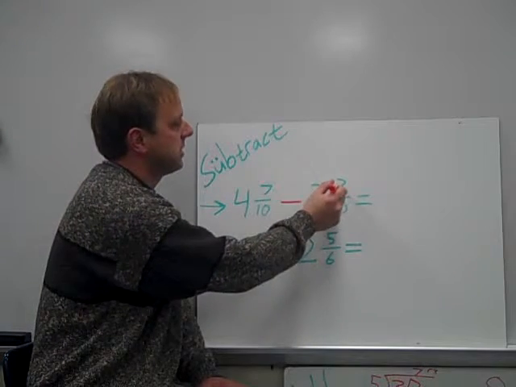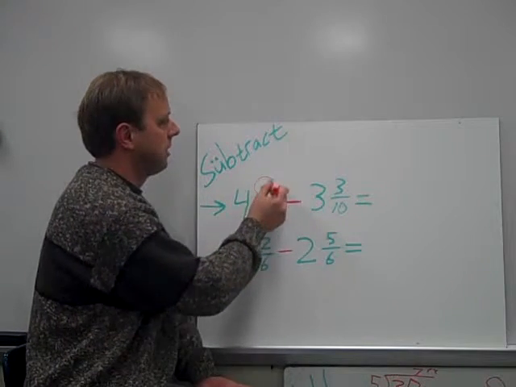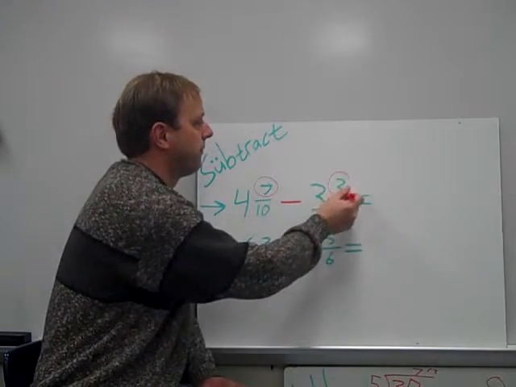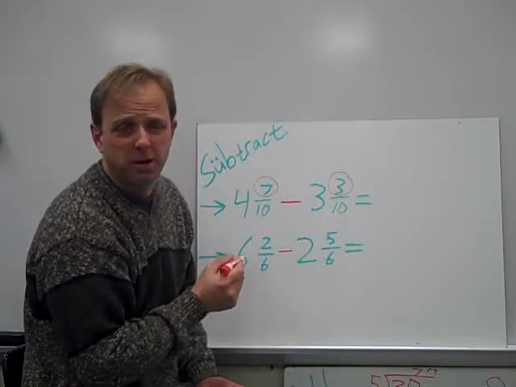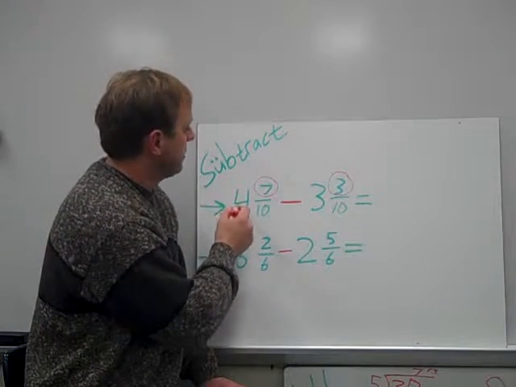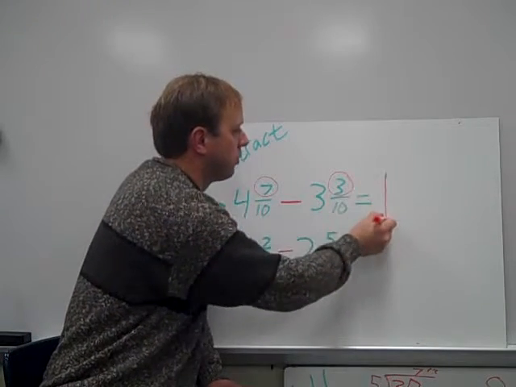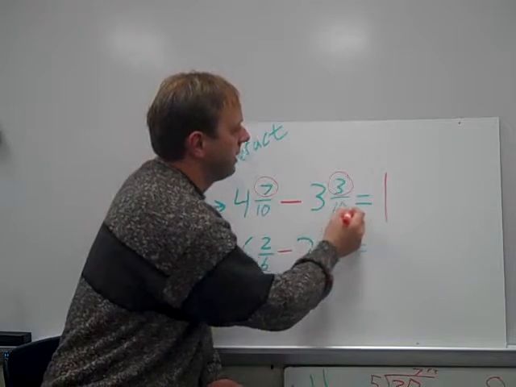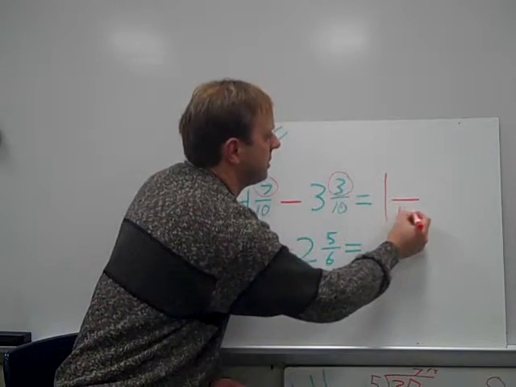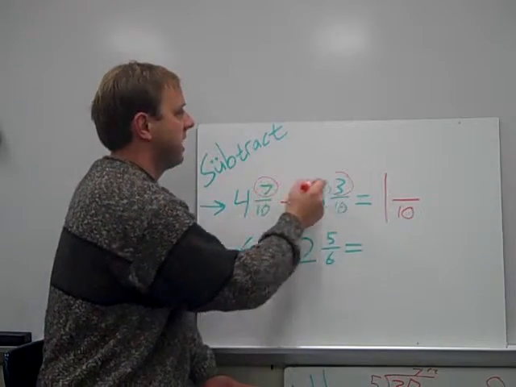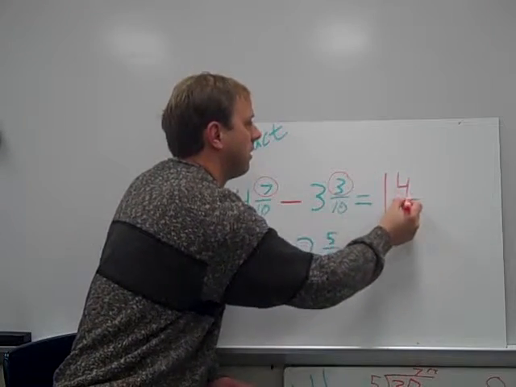Read this in order. Make sure your larger number comes before your smaller number. So I can just do this. This is a pretty straightforward one. 4 minus 3 is 1. My denominator does not change. And 7 minus 3 is 4.